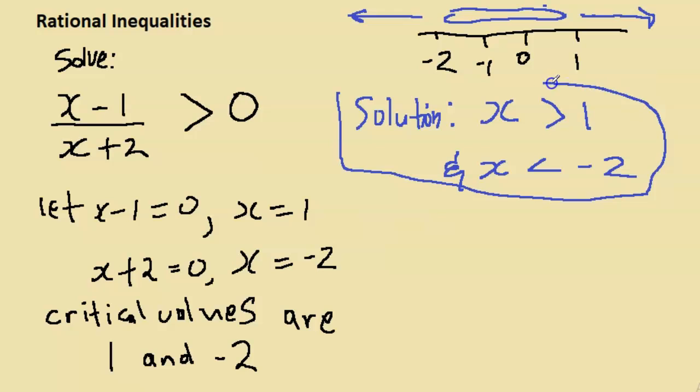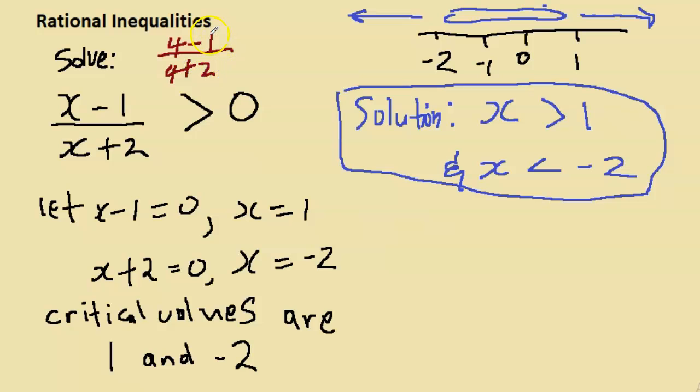Let us check and see. Let's try a value that's more than 1, any value. Let's use 4. If x is 4, the numerator will be 4 minus 1, and the denominator will be 4 plus 2.